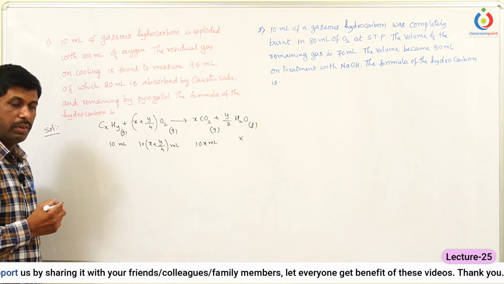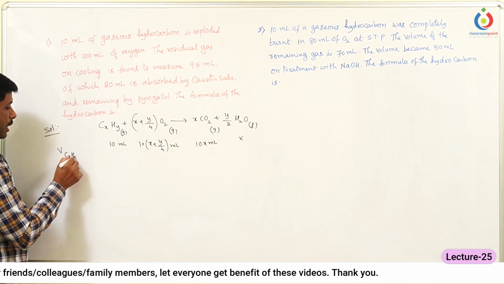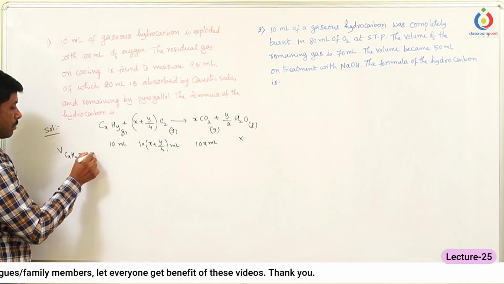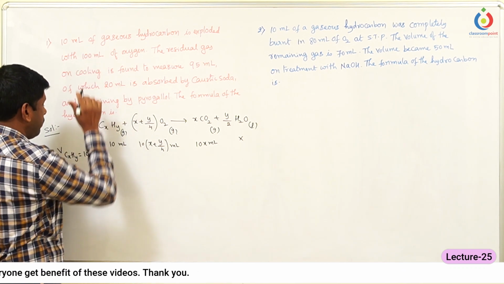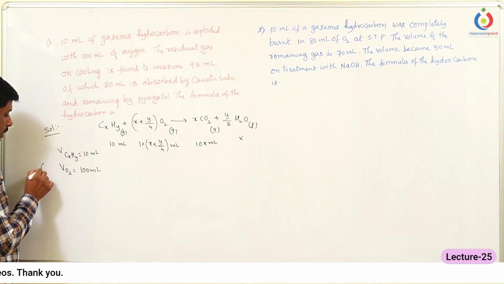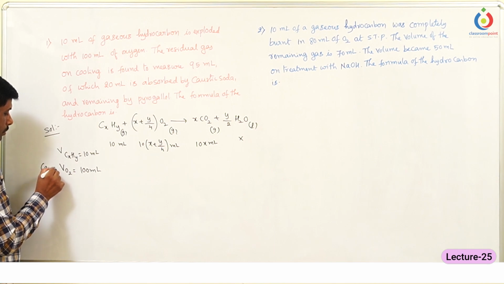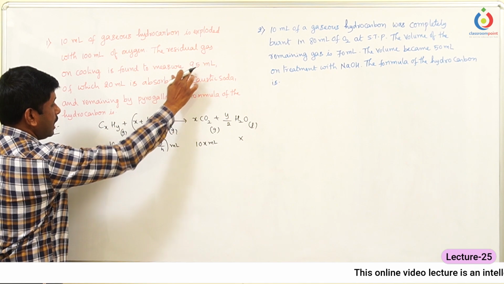So let's write down the given data here. Volume of the hydrocarbon CxHy is given as 10 ml. Volume of the oxygen is given as 100 ml. Residual gas contains 95 ml.